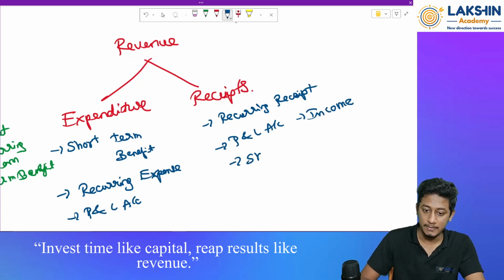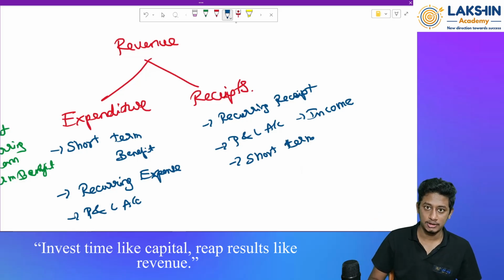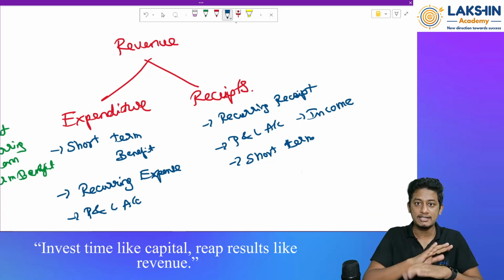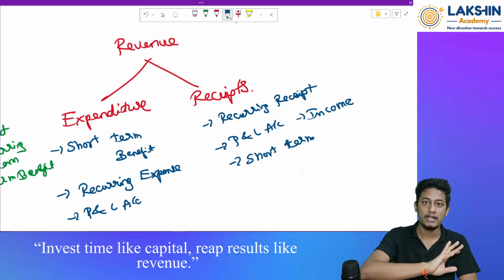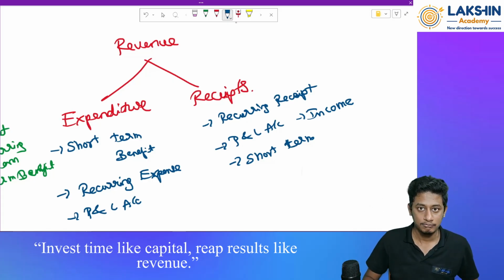Then the benefit will be for the short term. Whatever sales I make, will the person pay me on a long-term basis? No, never. For the sales I have made today, he will pay me tomorrow, for example. So the payment is done. Now he and I don't have any relationship. I have made the sale, he has made the payment. Done and dusted. Yes? Okay. Short-term benefit.